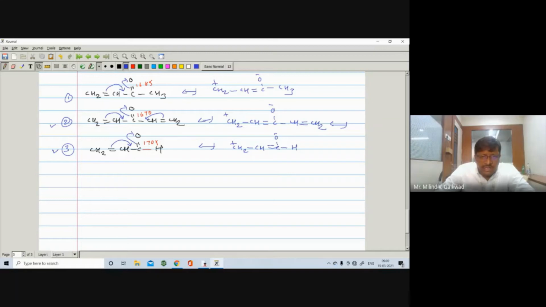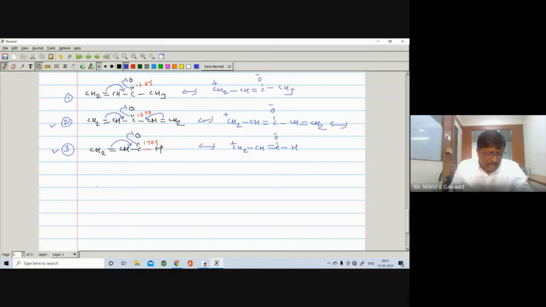So the more the delocalization, the more the single bond character; the more the single bond character, the lower the force constant and the lower the vibrational frequency, so it appears at 1670. Okay, so in this way you can also compare. So the more the conjugation, the more the resonating structures, so it will lower the stretching frequency.